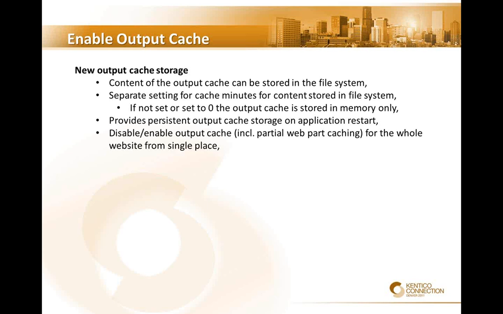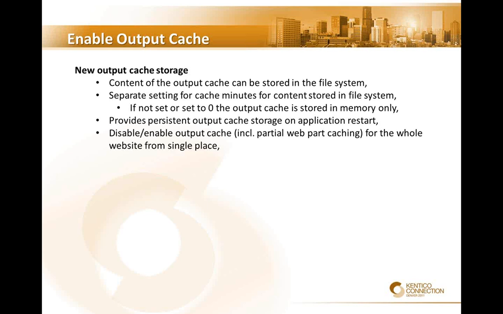So with Kentico 6.0 there is a new storage for the output cache. It's located within the file system. You are able to control the number of minutes that the content should be cached in the file system separately, which is another great thing about this new storage, and it provides persistent storage for the output cache.